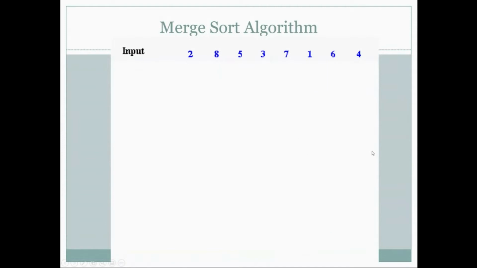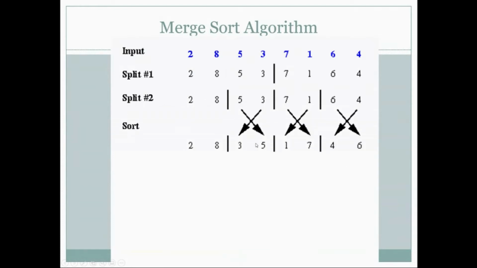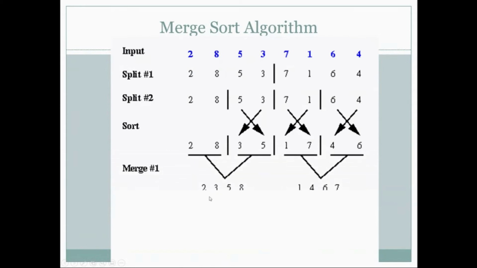If I show it again here: first step, split, then split. After you split into one item, now you merge. First the two will merge, then the second two will be merged. Actually, 28 is merge number 1, 35 is merge number 2, and 2358 is merge number 3.